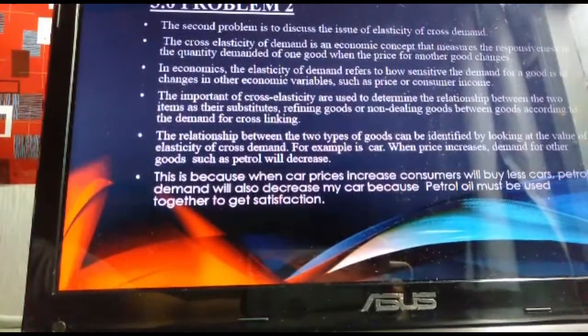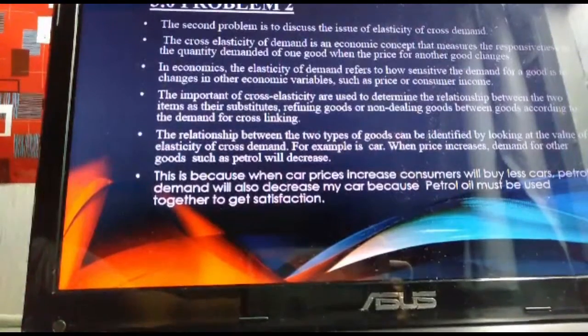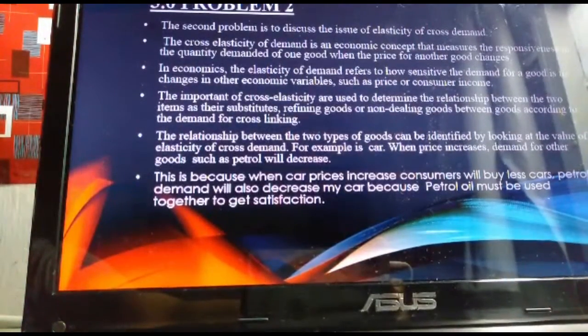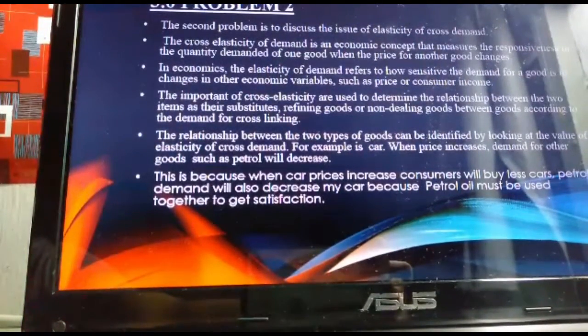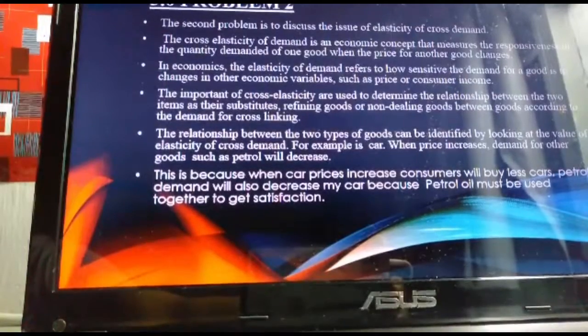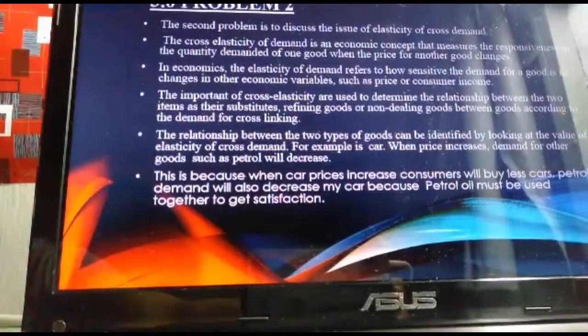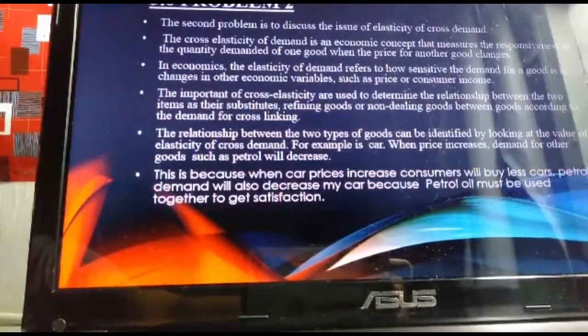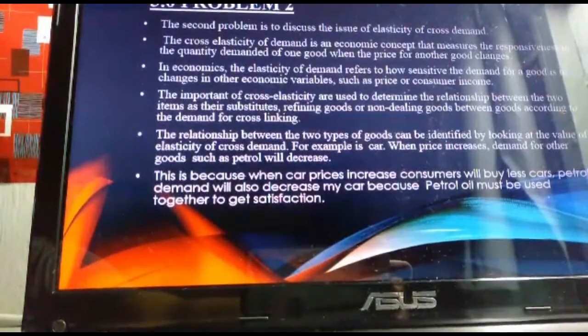For example, the car. When the price of a car increases, demand for another good such as petrol will decrease. This is because when car price increases, consumers will buy fewer cars. Petrol demand will also decrease, because petrol and cars must be used together to get satisfaction.